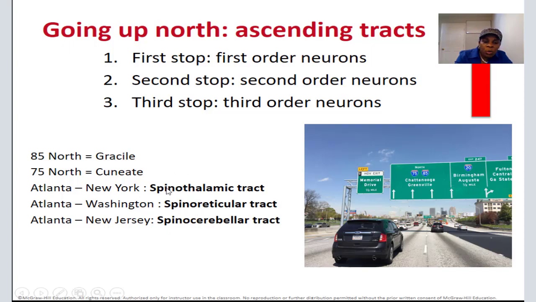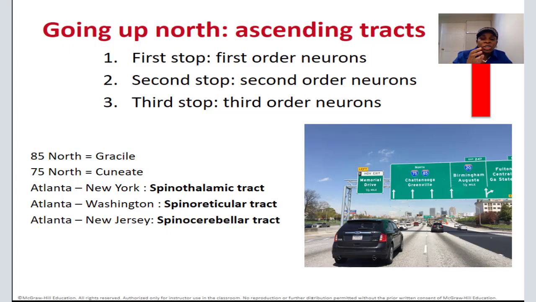The first name will be where it's coming from, the last name where it's going. Spinothalamic, from the spinal cord to the thalamus, which is part of the brain. Spinoreticular, from the spinal cord to the reticular formation, which is part of the brain. Spinocerebellar, from the spinal cord to the cerebellum, which is part of the brain.